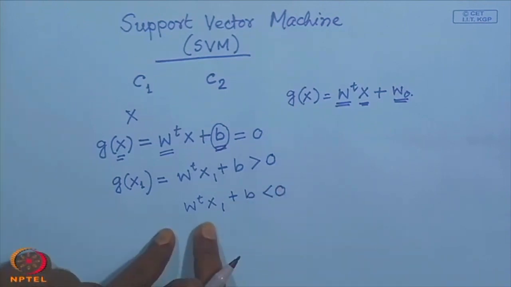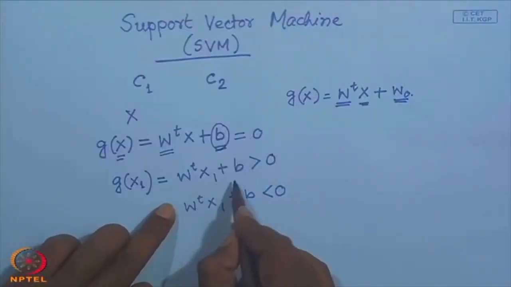And if x 1 lies on the hyperplane, then w transpose x 1 plus b is equal to 0. So, this is a hyperplane which divides my d-dimensional space into two half spaces. In one of the half spaces, if I take a vector, then g of x for that vector will be positive. If I take the vector in the other half space, then g of x for that vector will be negative.